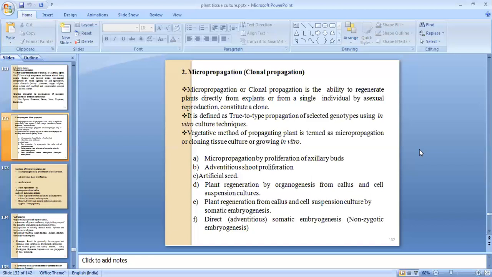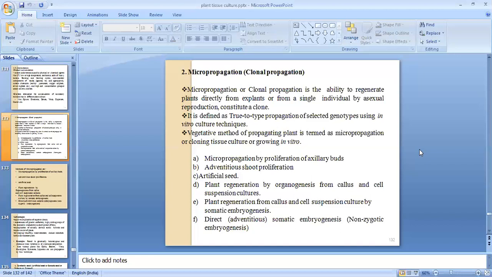And in this, what are all the things you can develop, or how is this micropropagation useful in the vegetative propagation? Micropropagation by proliferation of axillary buds and adventitious shoot proliferation can be brought about. Production of artificial seeds and plant regeneration by organogenesis, that may be either from callus or from the suspension.